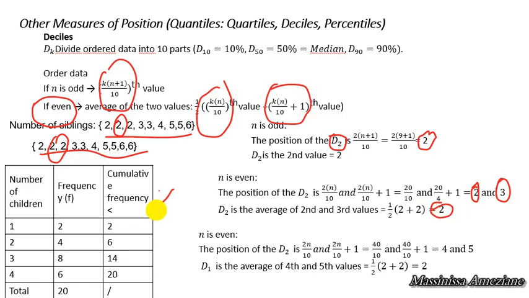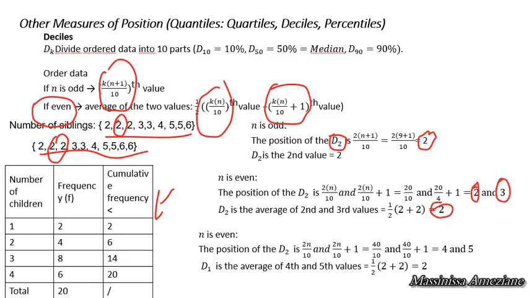Now, in case of organized data, we have an even number, 20. Again, we have two different positions. The first position is directly 20 times 2 divided by 10. So it is 40 divided by 10. We get 4. And since it is even, we have another position, which is the next position, 5. We take the average of the values of these positions.